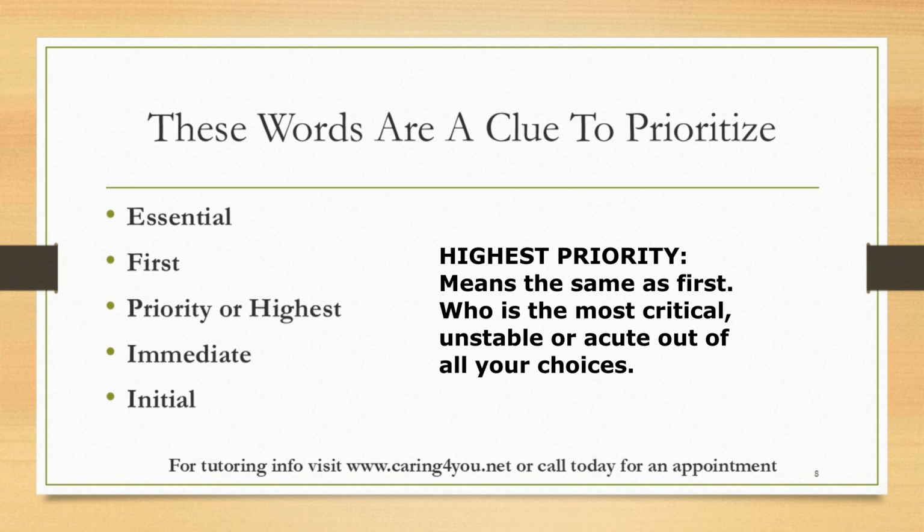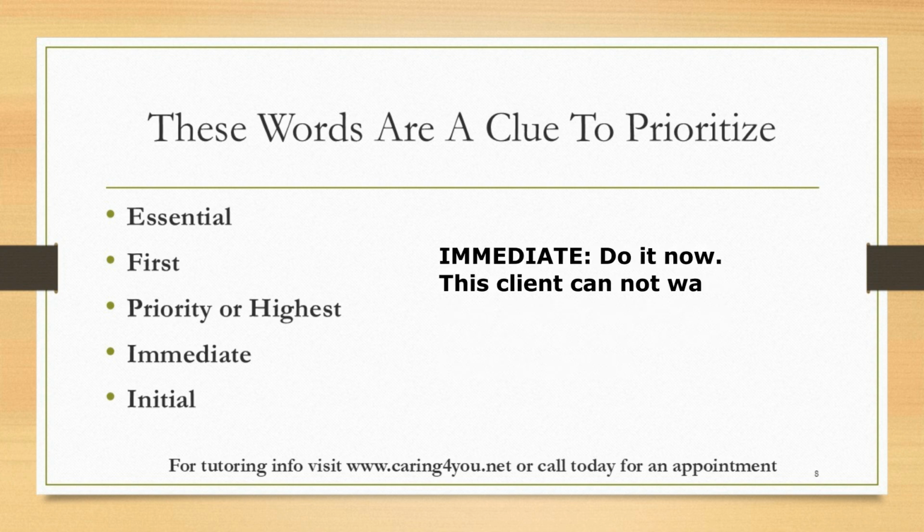Who takes the highest priority out of all of your choices? Which one are you going to see first? What takes highest priority? And it's hard to know who to prioritize, especially if you don't know the illness. Now, every once in a while, you're going to come across a question where you don't know the illness. So this is why I'm going over each and every one of these.